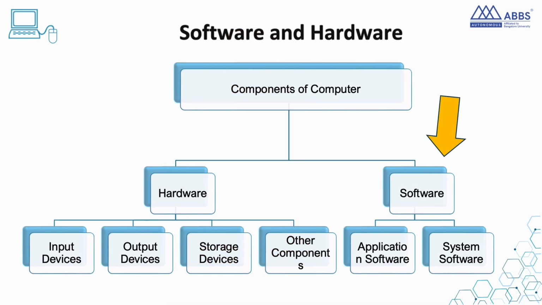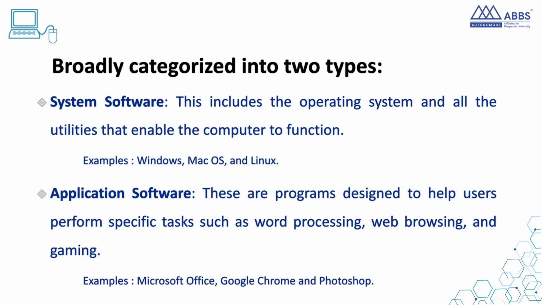We shall now discuss more about software and hardware. When we talk about software, there are two particular types of software. One is the system software and the other is application software. A system software is a set of instructions which is useful particularly for the system to enable other application installations.